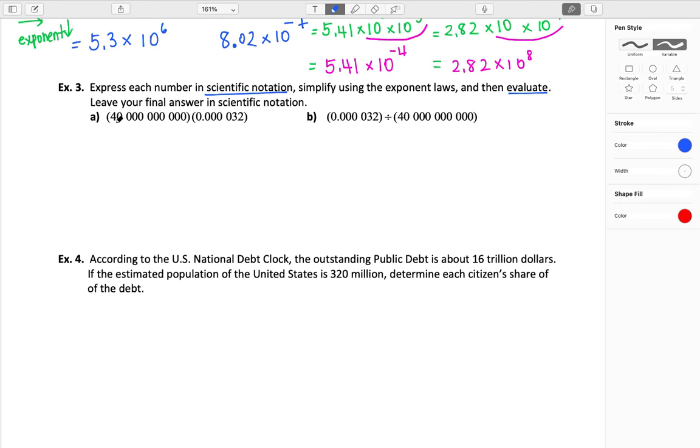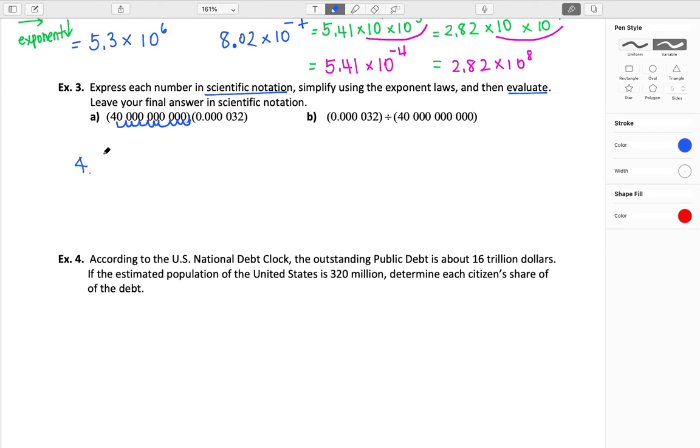The first number, there's an invisible decimal here. So it looks like 1, 2, 3, 4, 5, 6, 7, 8, 9, 10. So 4.0, or you could write just 4, right? Because there is a decimal here, invisible.